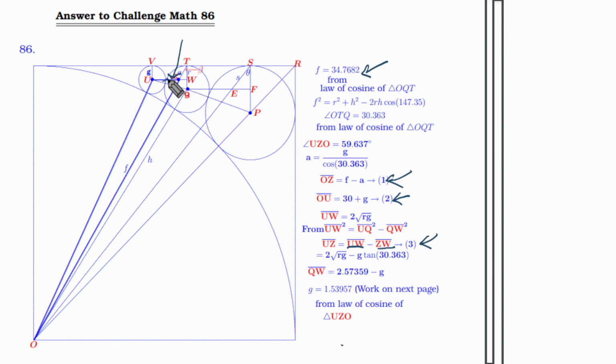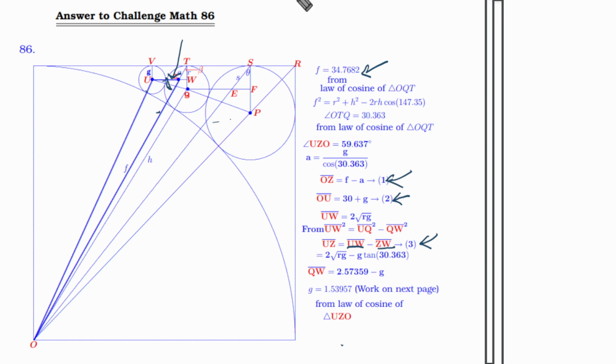And then we have an angle, 30.363 degrees. We have three sides and one angle, and we can set up an equation for the law of cosine.